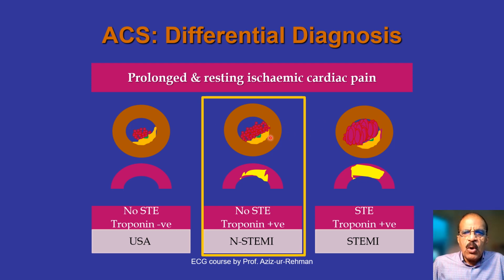So it has caused very critical coronary narrowing, ending up in non-full thickness infarction. This non-full thickness infarction will not cause any ST segment elevation, because ST segment elevation occurs only if there is transmural, through and through infarction. But there would be elevation of troponins because there is myocardial necrosis. This condition is called NSTEMI.